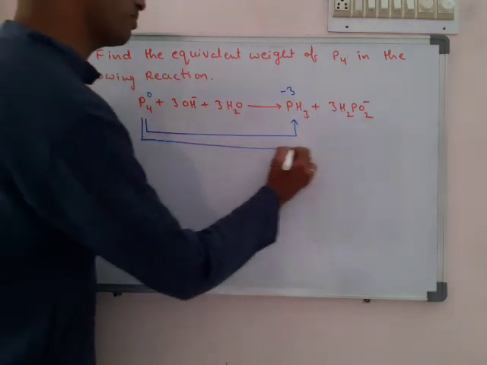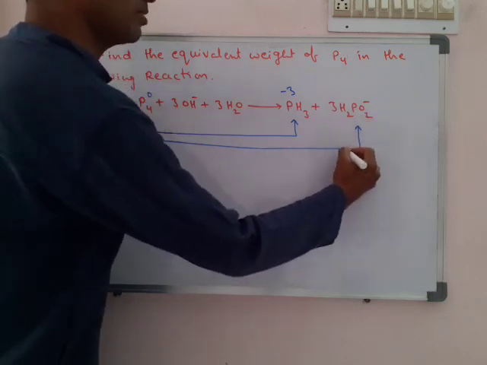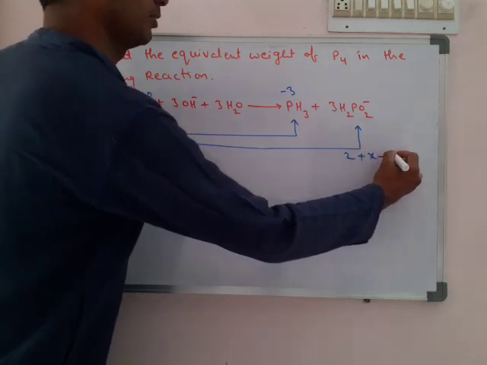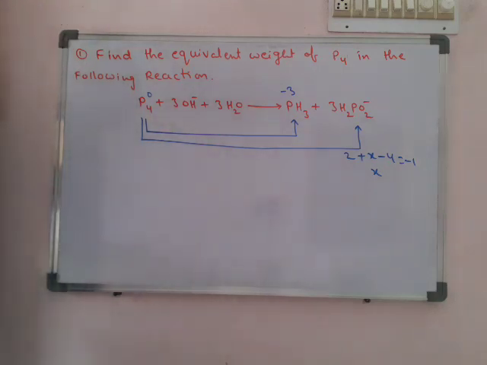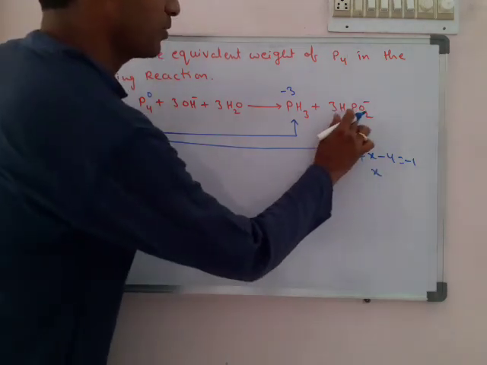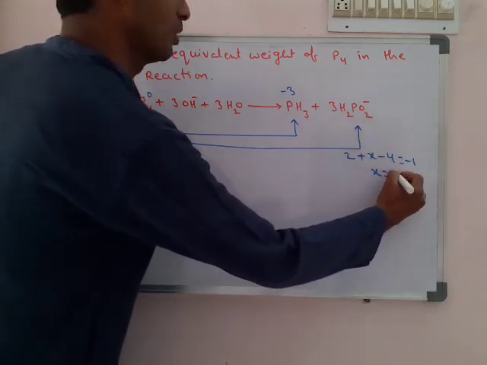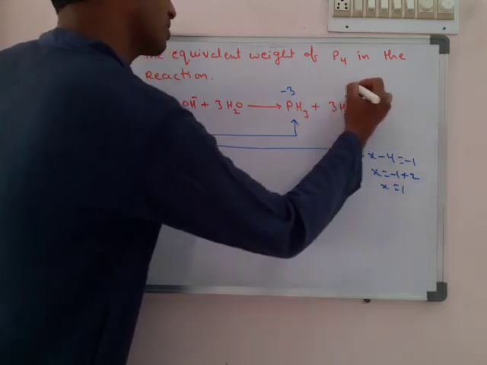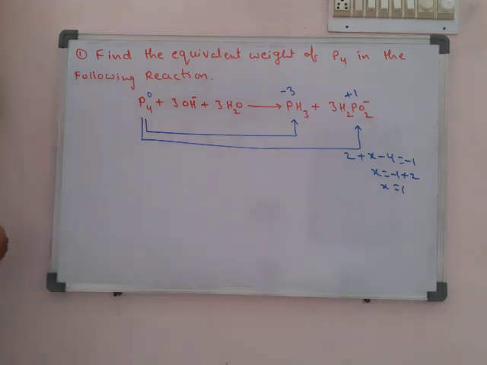Next, again P4 becomes H2PO2-. What is the oxidation number of phosphorus? 2 plus x equals -1. Here, 2 hydrogens, phosphorus x, 2 oxygens -4, overall -1. Here phosphorus oxidation number is +1. So 0 to +1 it is increased. And 0 to -3 it decreased.